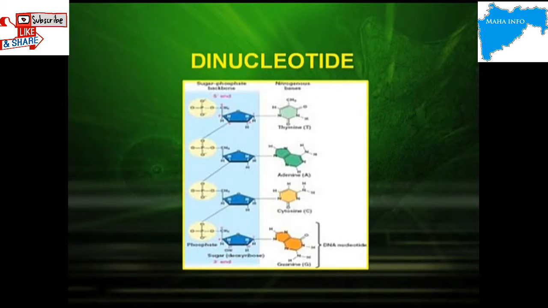As in the picture, you can clearly see the nitrogenous base is attached to the sugar. The sugar is attached to the phosphate group and there is a linkage between the 3' and the 5' of the two nucleotides. Now, let us have a look at how the polynucleotide looks.